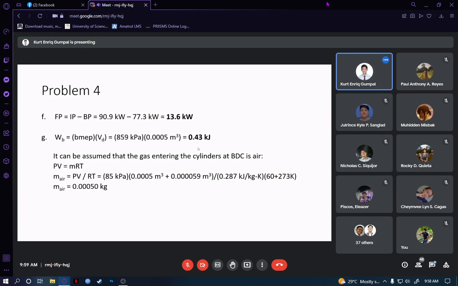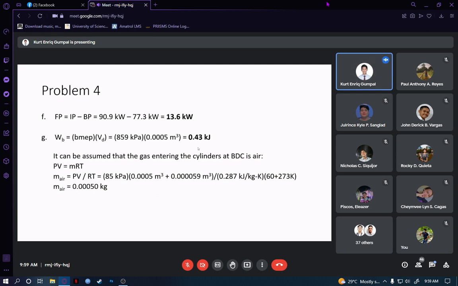Okay? You have to remember that your engine displacement volume is just displacement. The clearance is not yet included in its specifications. So to get the total volume of air, you have to consider the clearance. Okay, that's why I added 0.00059 cubic meters, which is the clearance volume we got earlier.